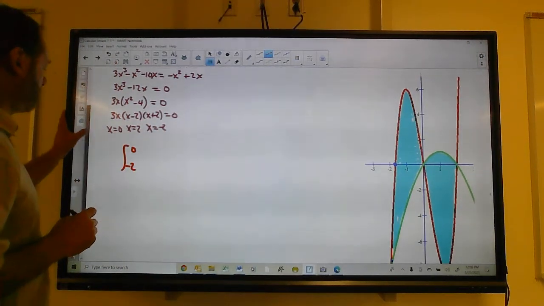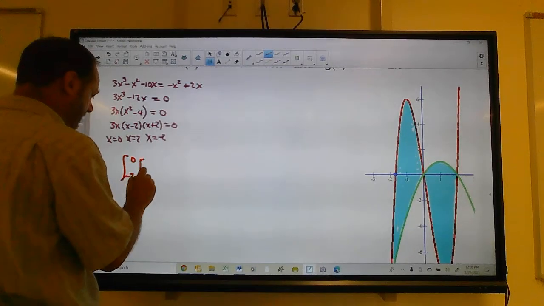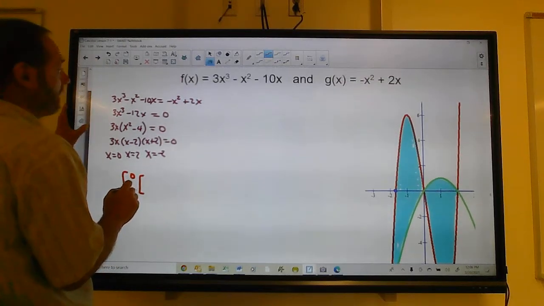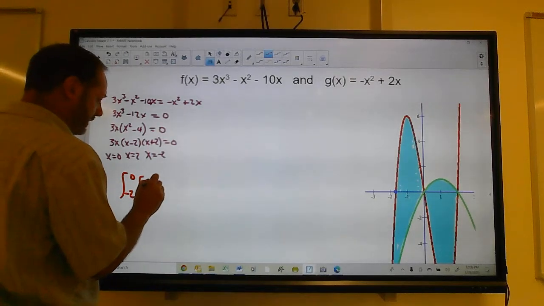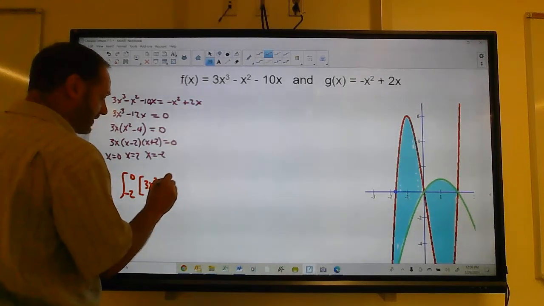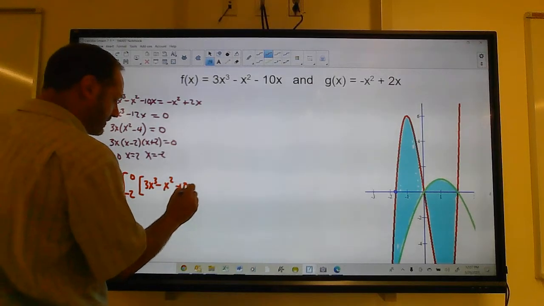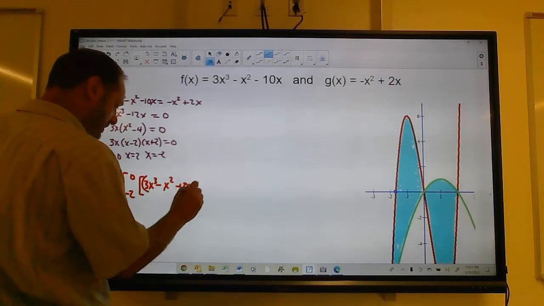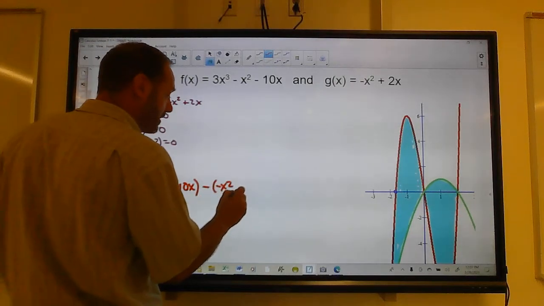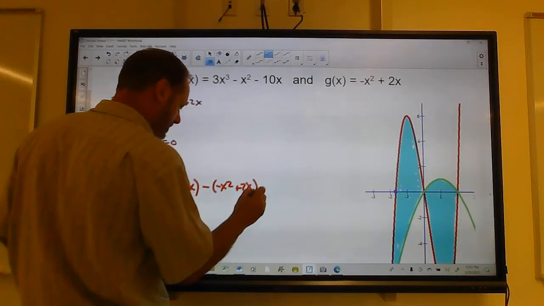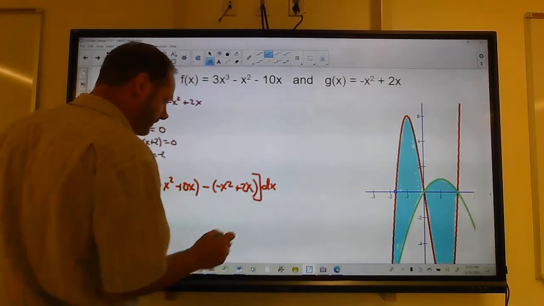And we want the cubic coming first here. So this is going to be 3x cubed minus x squared minus 10x minus negative x squared plus 2x dx.